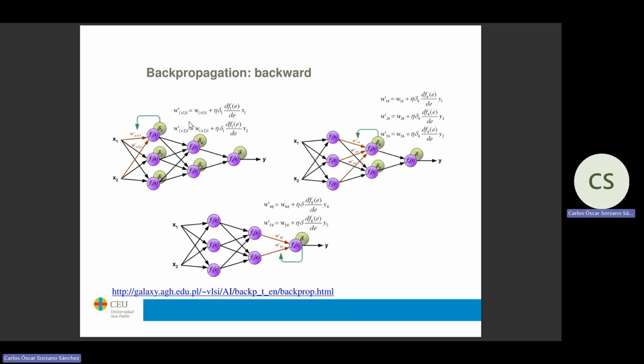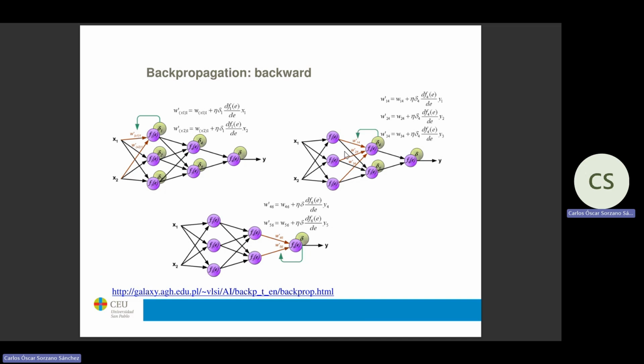So we will compute a new weight, and this new weight is the current weight plus learning rate times the delta that we have collected from the backpropagation times the derivative of the function times x1, that is the input to that neuron. And you apply the same in all the neurons. If you look at all the expressions, they are all exactly the same.